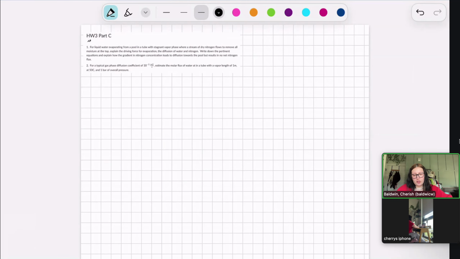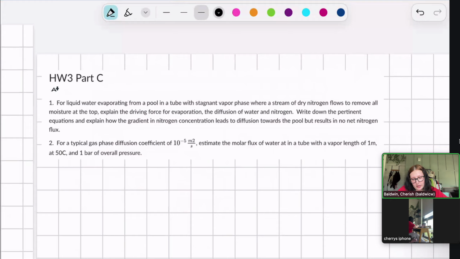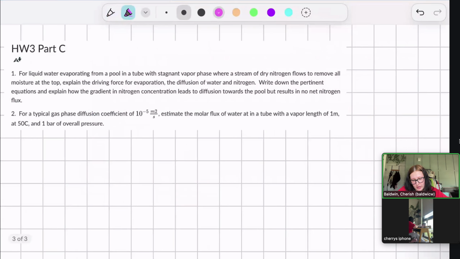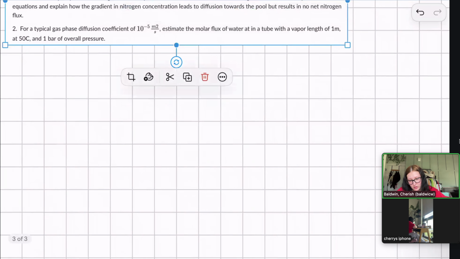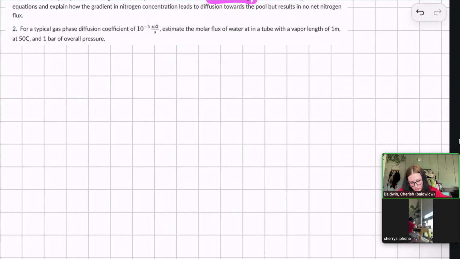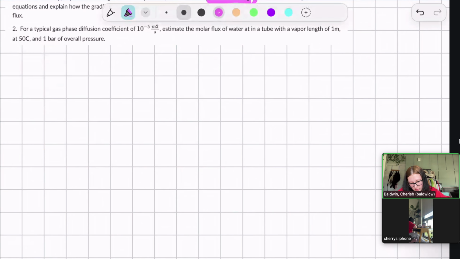So this is homework 3, part C, and I'm going to be explaining how water evaporates through the flow of nitrogen over top and how they react together. So let's first draw what this looks like.